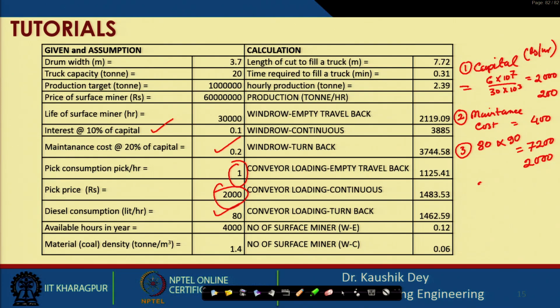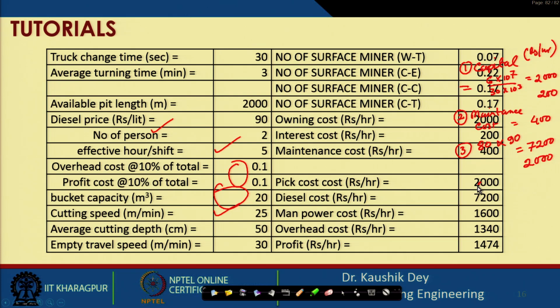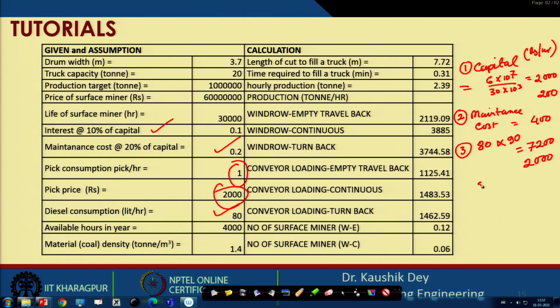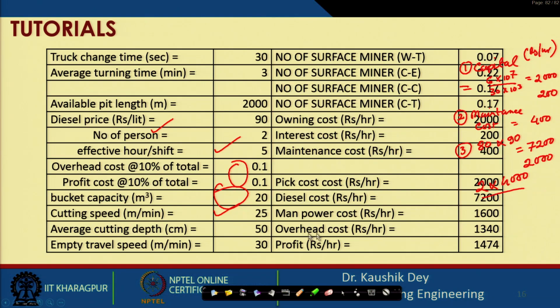So, I think manpower cost is two and EMS is 4000, and we have considered operating shift. Operating shift is 5.